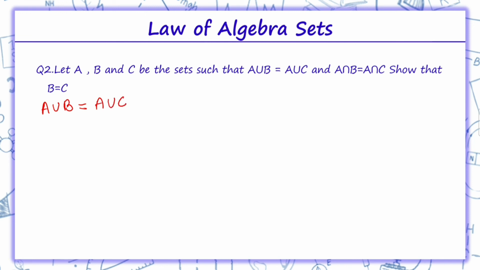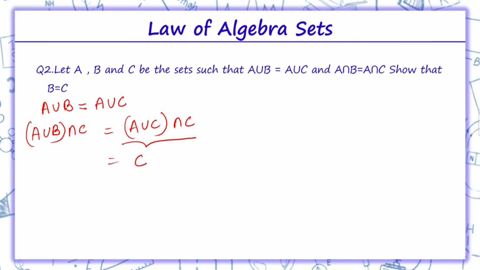A union C. So over here we basically want A intersection C and A intersection B. So we'll take intersection C on both the terms. So (A union B) intersection C, (A union C) intersection C. This term, we know, is equal to C only.